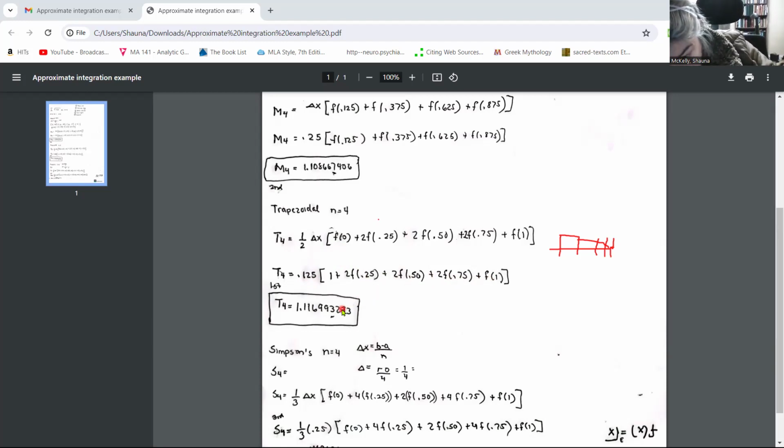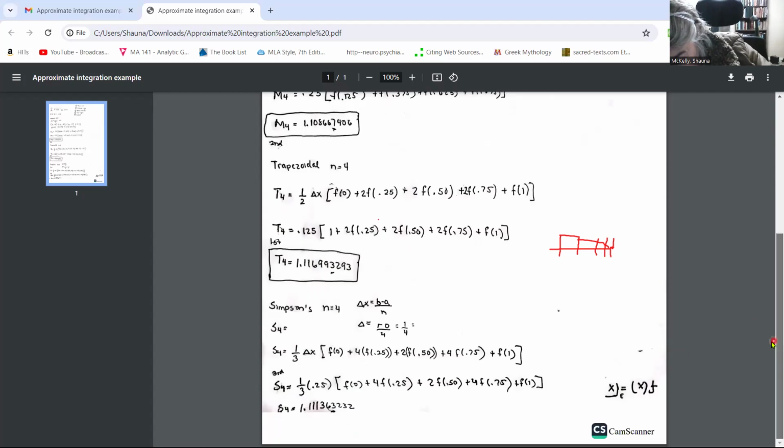Okay. Now, Simpson's rule is a little bit more complex as far as the arithmetic, but the process is similar.